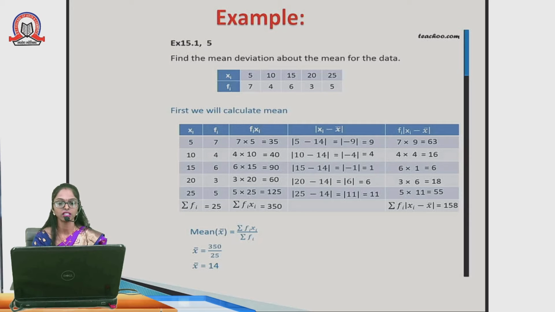First we prepare the column Fi xi, then xi minus x bar, and then multiply |xi minus x bar| with its frequency. Then summation of Fi xi column, we get 350 divided by 25, that is x bar is equal to 14, and summation of Fi into |xi minus x bar|, we get 158.